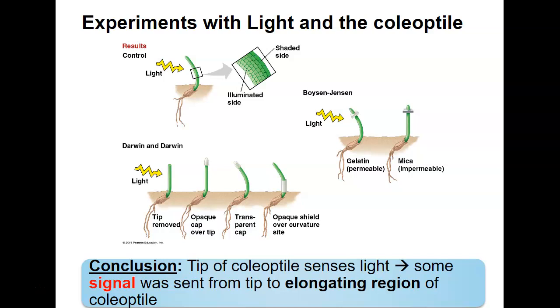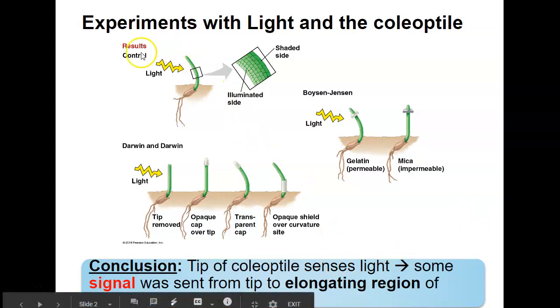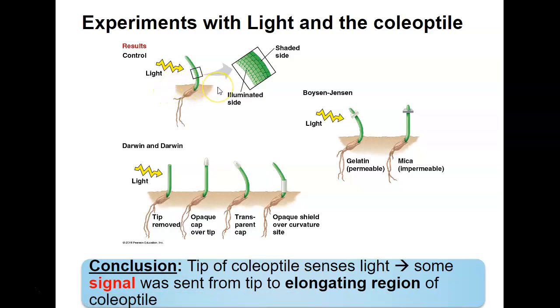What they found was that when they shined light on these shoots, they actually grew towards the light. And what happens is the shaded side, or the side that doesn't have light, actually elongates compared to the side that does get light.